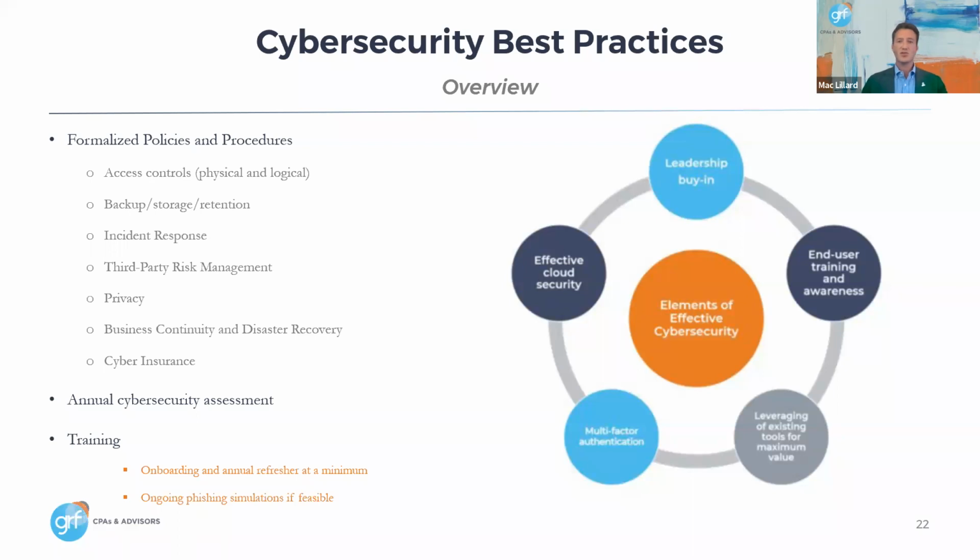This could be an internal scan, looking at any sort of deficiencies or patching issues on your hardware, your servers, laptops. This could be a full-on penetration test. Again, it's going to depend on your organization. A lot of our clients are INGOs and nonprofits with IT budgets from a few thousand to tens or hundreds of thousands of dollars.